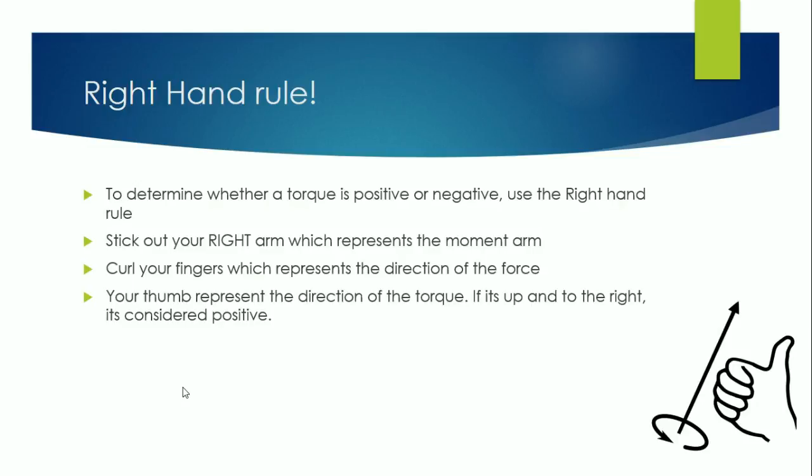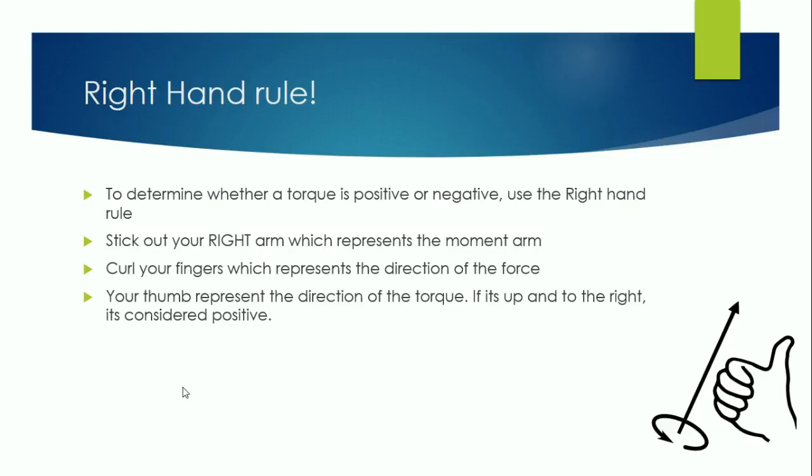So let's just say you stick out your right hand, bend your hand, curl your hands to your right, so your hand will be upside down. Then this torque is negative because your thumb's pointing down. But if you stick your right hand out, curl it to the left, your thumb will be up, so that's a positive force.